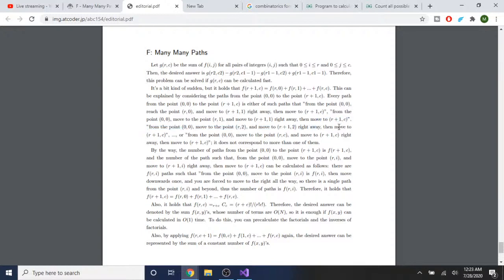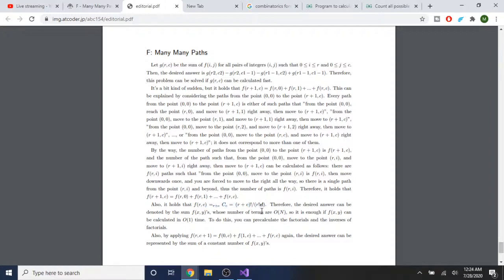You could move right to... what the heck are they talking about? By the way, the number of paths from 0, 0 is f of c1. Okay, let's keep trying. R plus C choose C. So they said it's R plus C choose C.